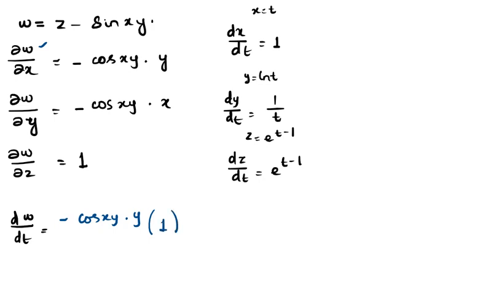Then you are going to add plus dou w by dou y, which is minus cos xy into x, then dy by dt. What is dy by dt? 1 by t. Plus, next we have dou w by dou z. What is dou w by dou z? That is 1 into dz by dt. What is dz by dt? e power t minus 1.